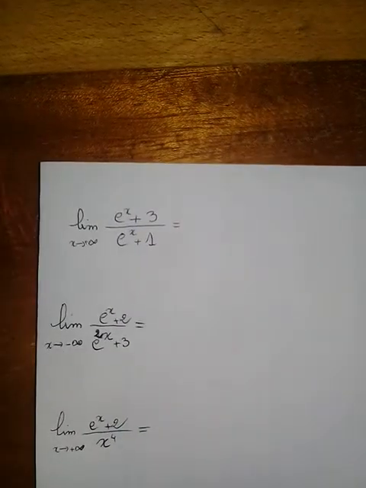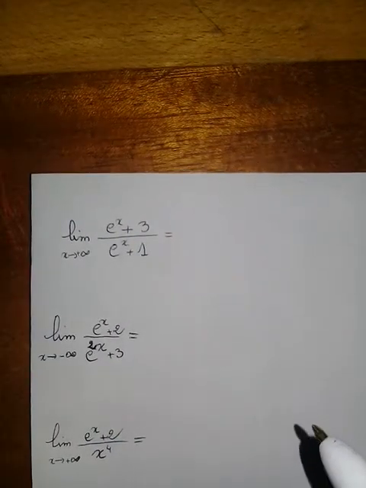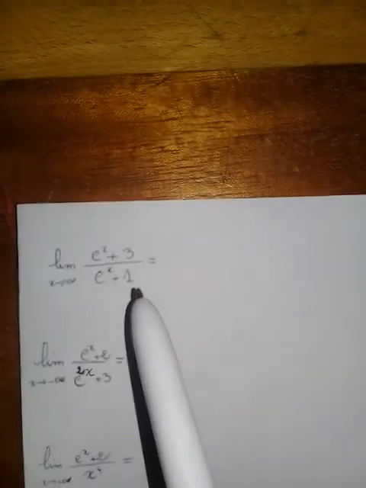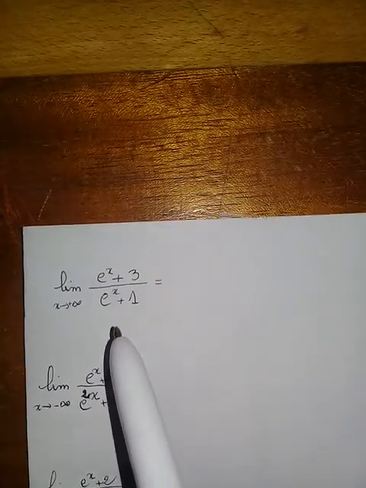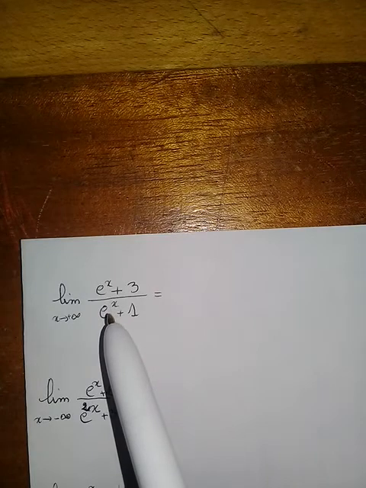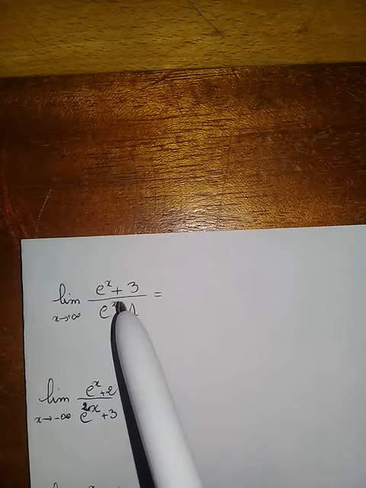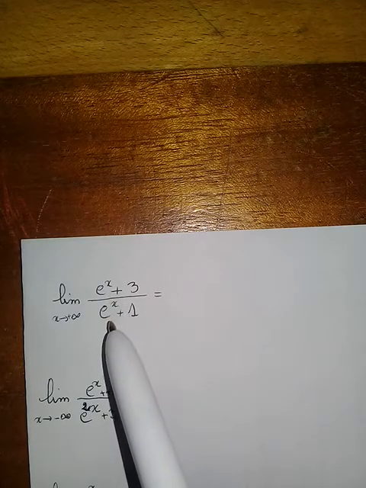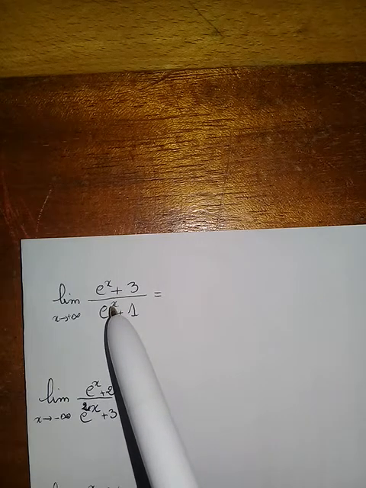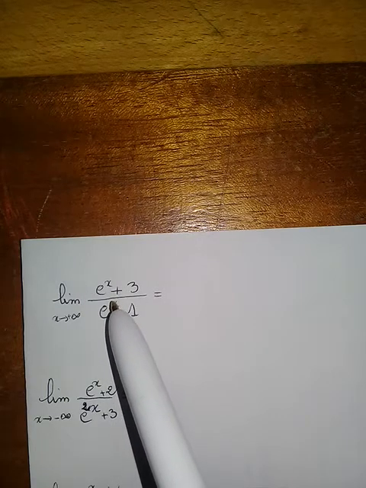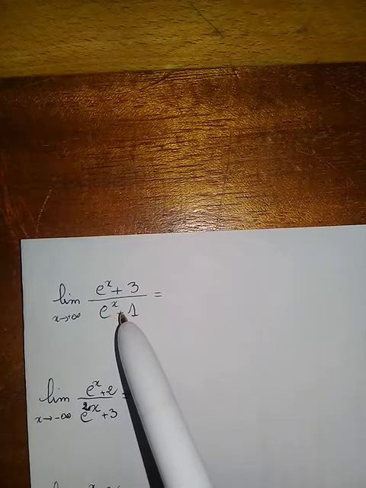So let's start with the first example. When we have a limit like this, we need to factorize by e to the x, or if we have a higher power, we factorize by the e to the highest power.